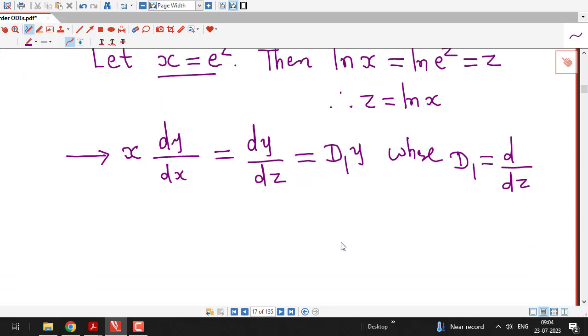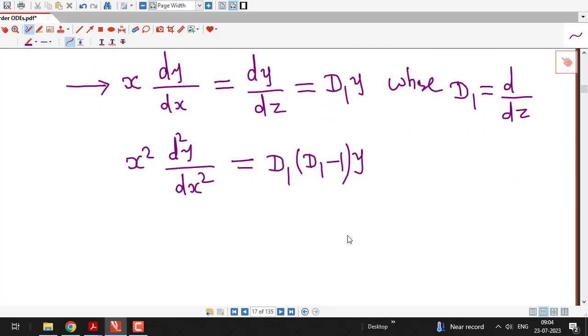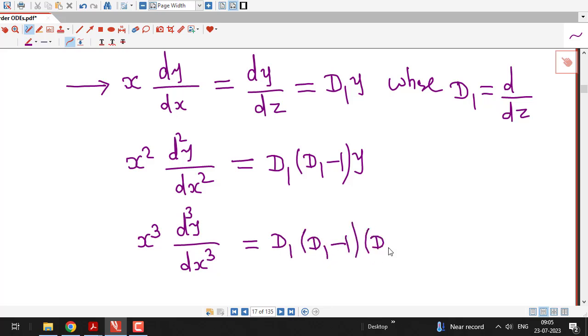And x square times second order derivative with respect to x will be replaced by D1 times D1 minus 1 times y, and third order derivative multiplied by x cube will be replaced by D1 times D1 minus 1 times D1 minus 2 times y.